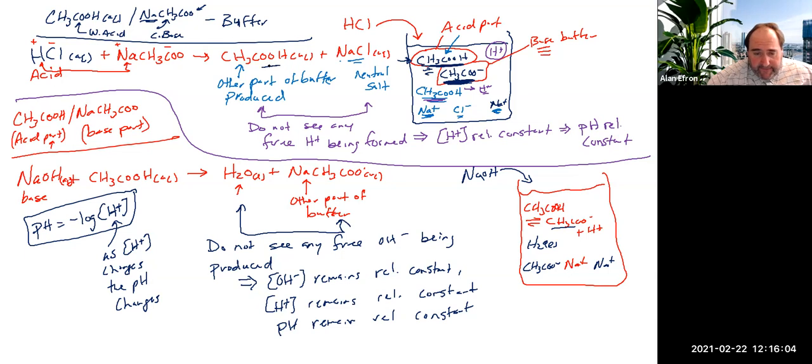As we can see here. And we're rebuilding that, but we are using a little bit of the sodium acetate part that was present in there. Some of it will be regenerated a little bit, but we are going to use some of it up. And the same idea with the sodium hydroxide, when we add it, we're going to use up some of the acetic acid, but we are regenerating more of the sodium acetate.